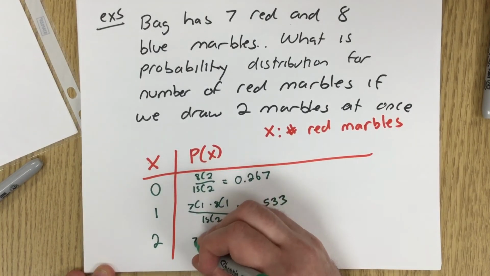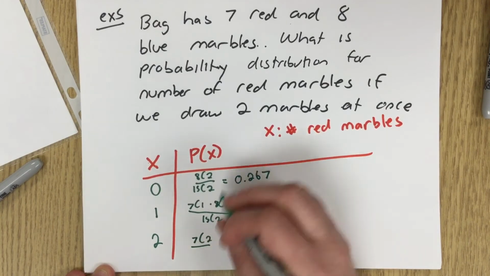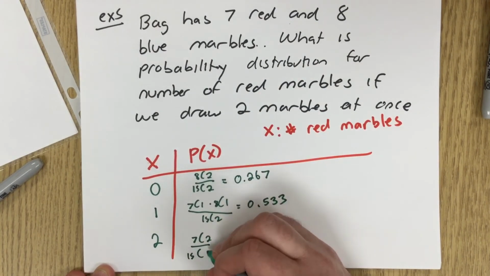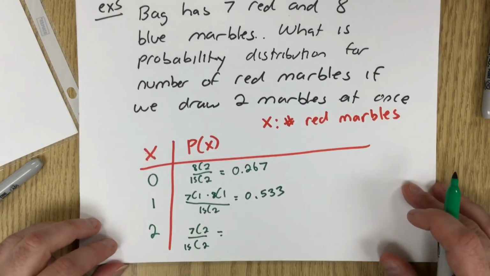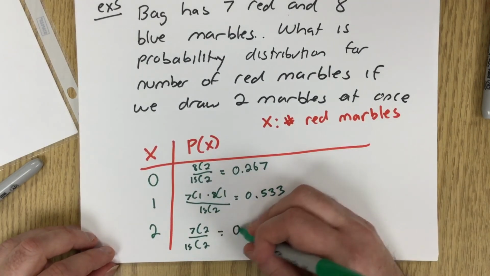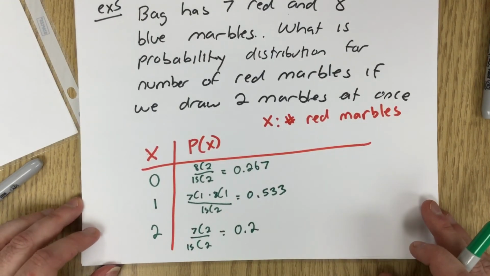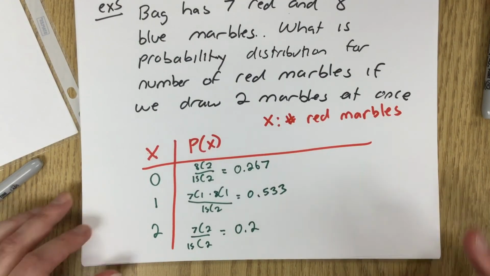And for this one, we're going to choose 2 of the red ones out of the 15, and that's going to give us exactly 20%. And that's the probability distribution for a bag of marbles.